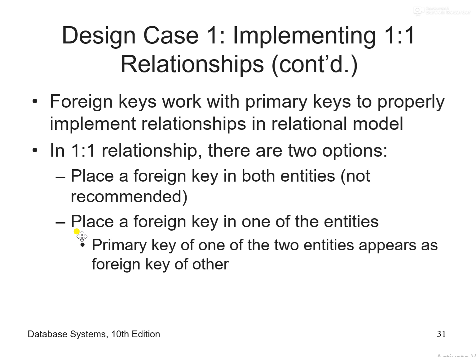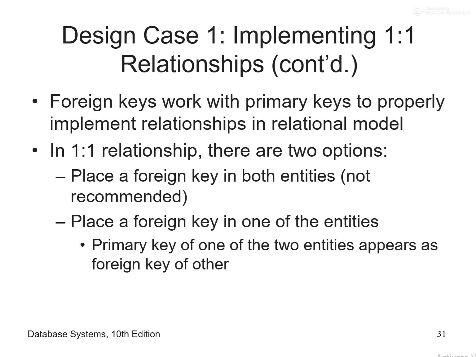Why is it not recommended? Because it duplicates work and it could conflict with other existing relationships. So it is not recommended to put each primary key in the other table as a foreign key. So the second option is place a foreign key in one of the entities.